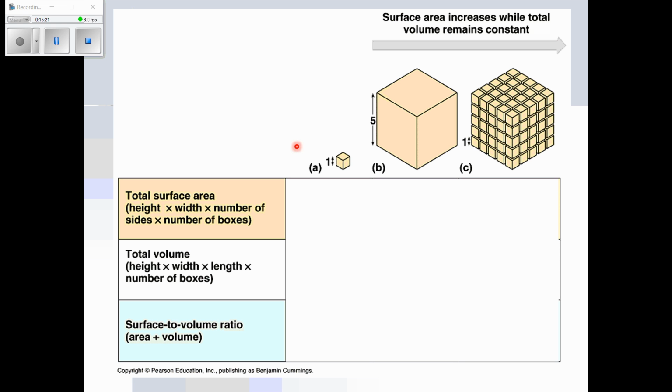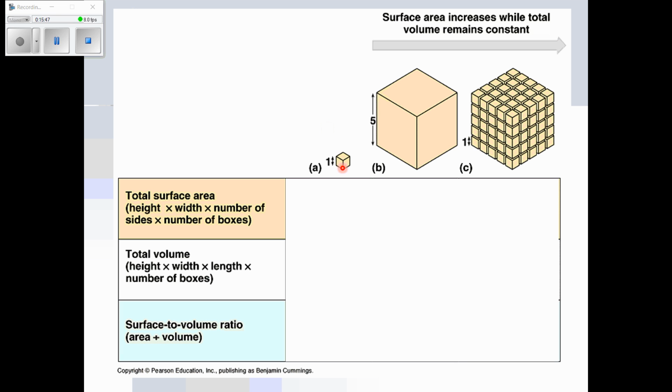Oxygen and water and glucose have to cross through the plasma membrane to get into the cell, either by diffusion or facilitated diffusion or maybe sometimes active transport. So the greater the amount of surface area, the easier it's going to be to obtain those nutrients.